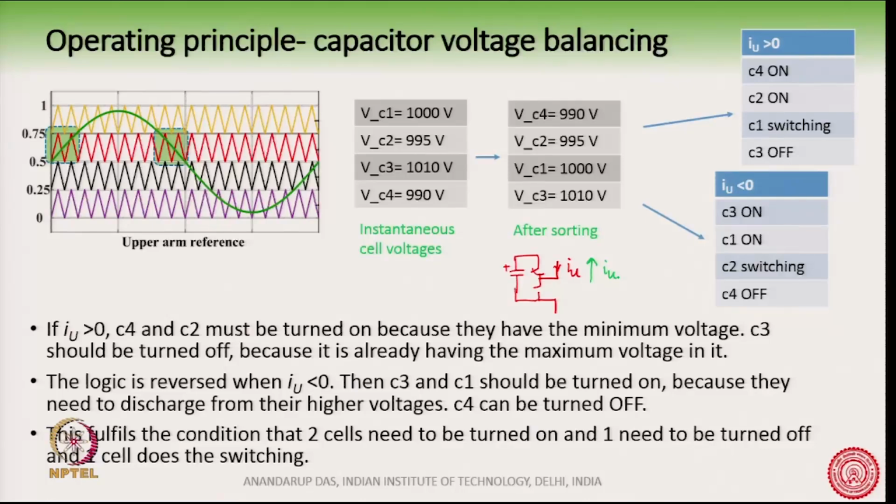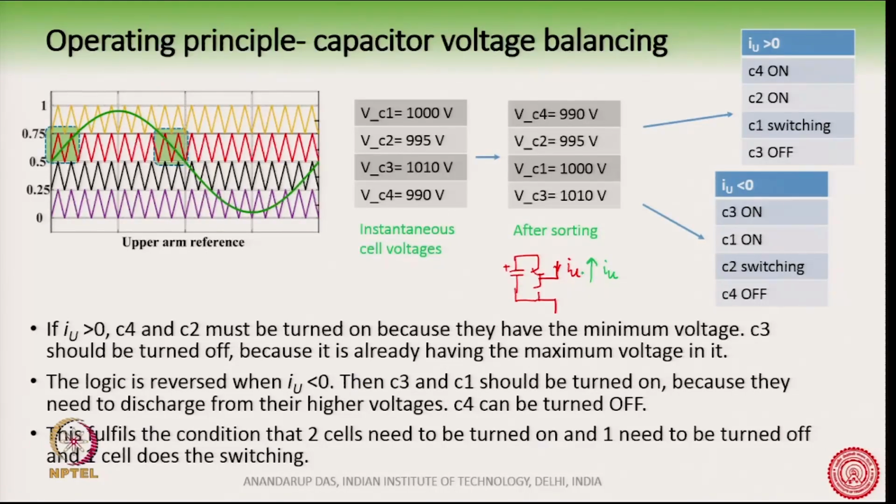Then what we will do? Again we have to turn on 2 switches and turn off 1 switch. So, which one should be turned on? You see, when the direction of current IU is like this, the capacitors will discharge.